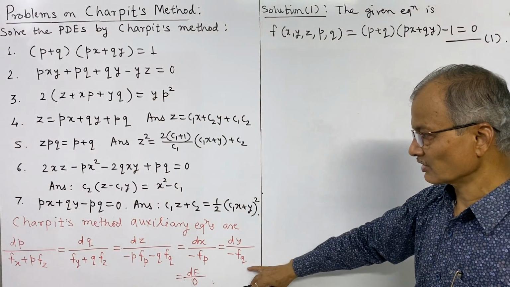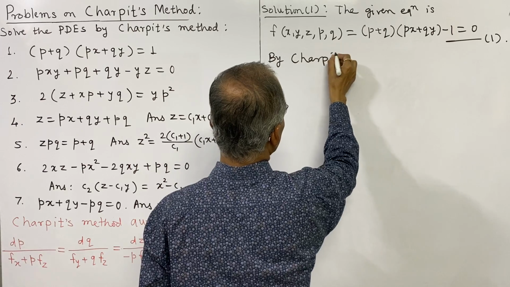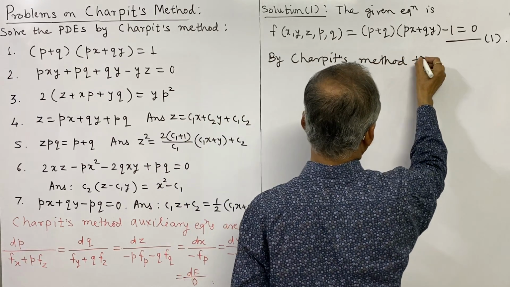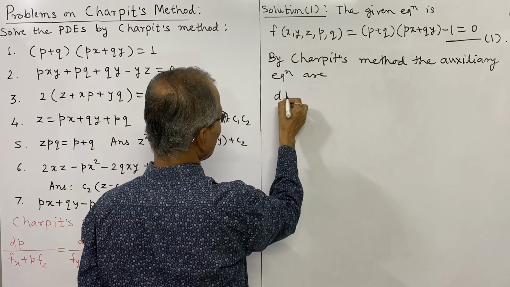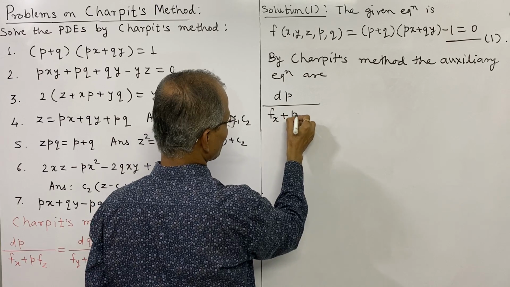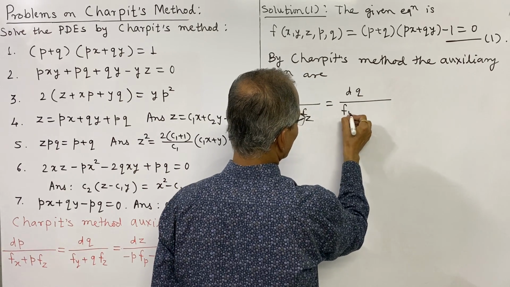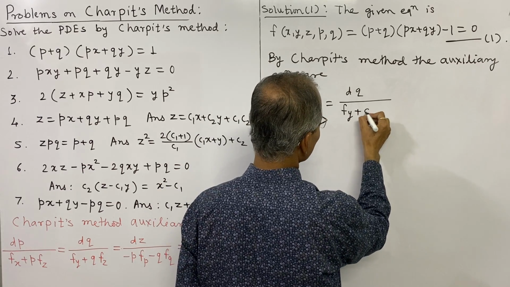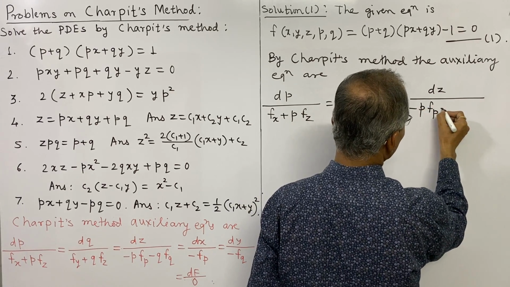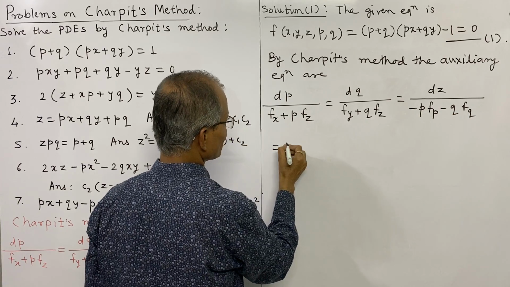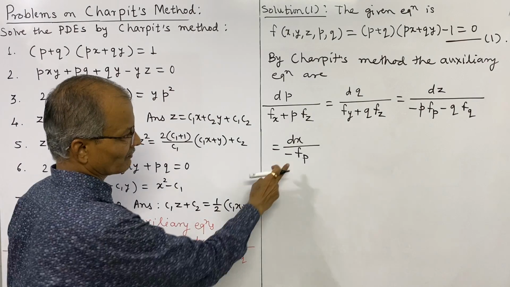The auxiliary equations are: dp divided by partial derivative of f with respect to x plus p into partial derivative of f with respect to z, dq divided by partial derivative of f with respect to y plus q times partial derivative of f with respect to z, and dz divided by negative p f_p negative q f_q, and next it is dx divided by partial derivative of f with respect to p.